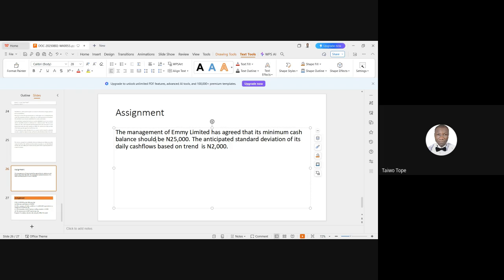The estimated transaction costs per purchase or sale of short-term investments is 75 naira.